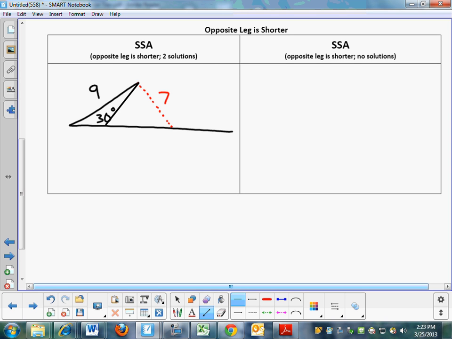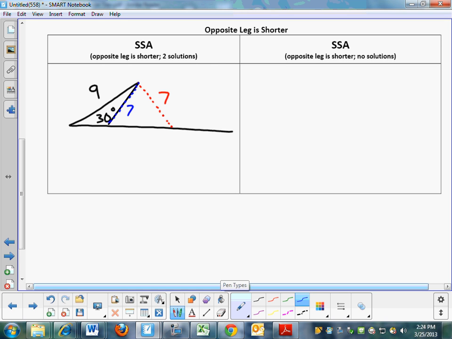Would you agree that that is still a triangle that has a length of 7 for one side, length of 9 for another, and a 30-degree angle that's not included? Do you see that? How this leg swings on a pendulum, and it can create one length of 7, and it can create another length of 7.